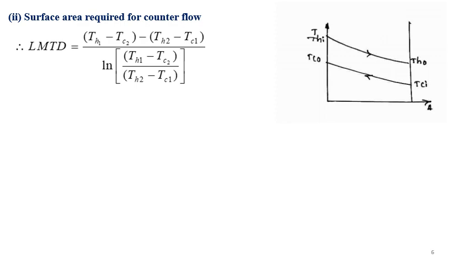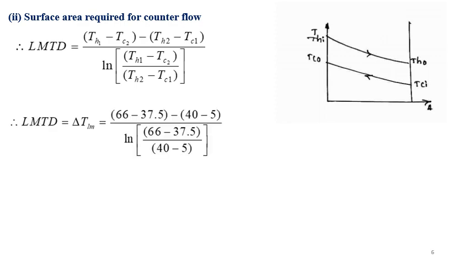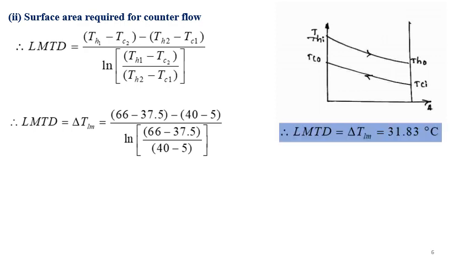We know all the temperature values, so we will substitute: 66 minus 37.5 minus 40 minus 5, divided by ln of 66 minus 37.5 divided by 40 minus 5. Calculating that, we will get delta TLM for counter flow is 18.98.